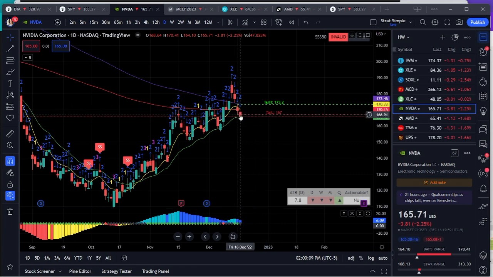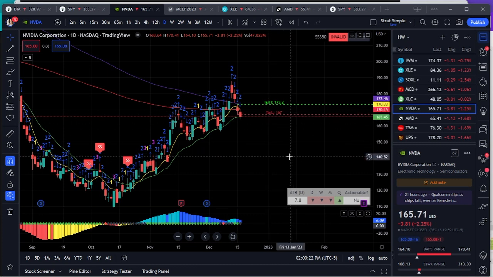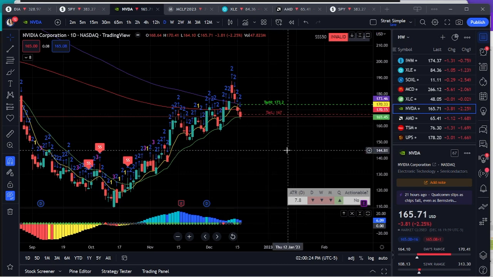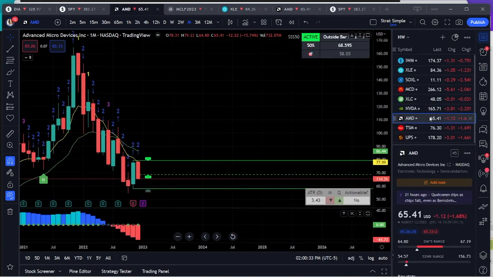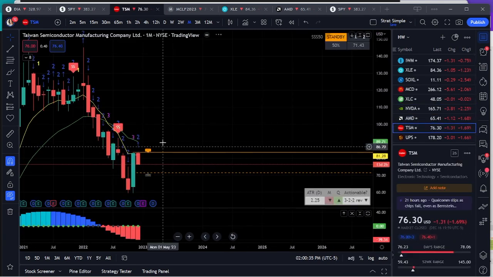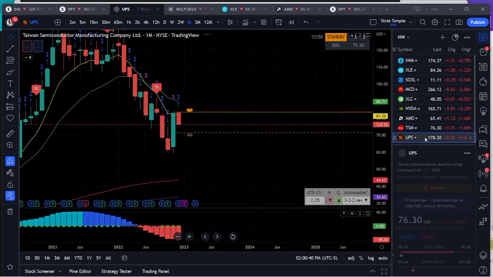Now the only thing is, this is kind of a rough area, so it's one to keep on watch to see if it can break out of this area. But we do have a shoulder ahead, and then we can make a shoulder over here before dropping. But we also have a gap here in the day to target. Of course, Nvidia is also keeping in mind chips. So chips and energy is what we want to keep our eyes on for the rest of this month.